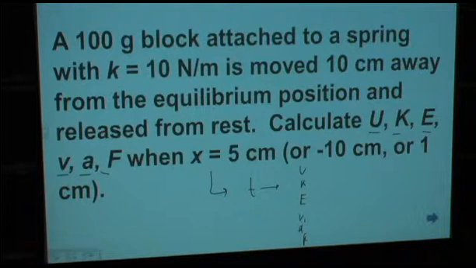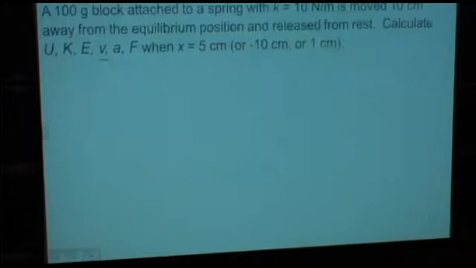Now, using the same strategy, using the law of conservation of mechanical energy, we can eliminate time, take it out of the picture. We don't really need it because, first of all, to calculate potential energy, we don't need time. We just need the spring constant and position.